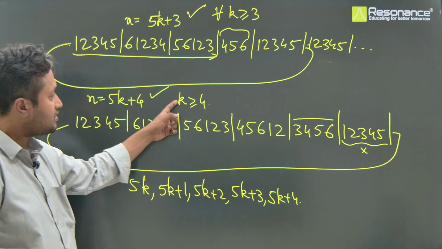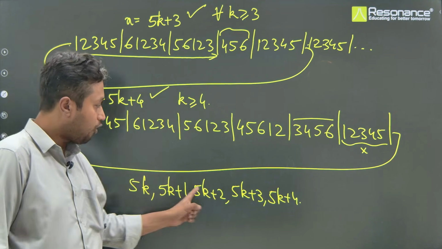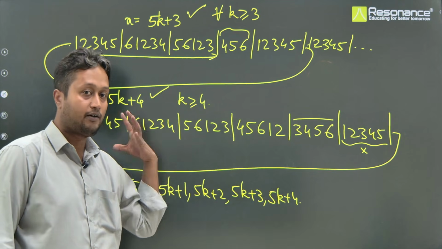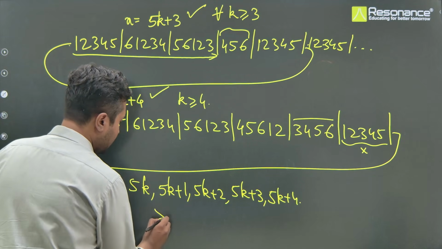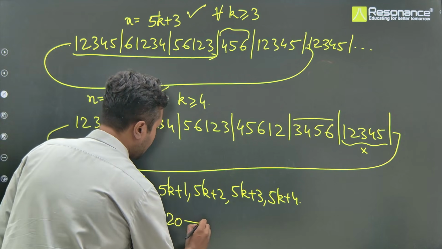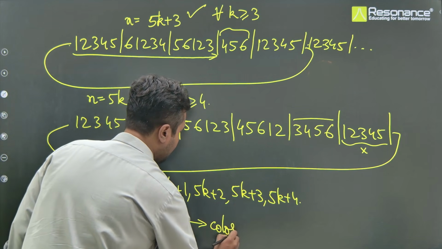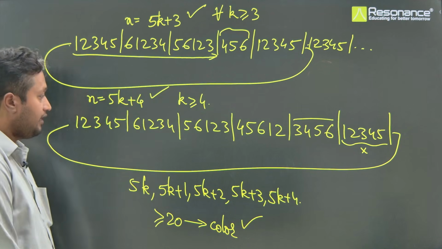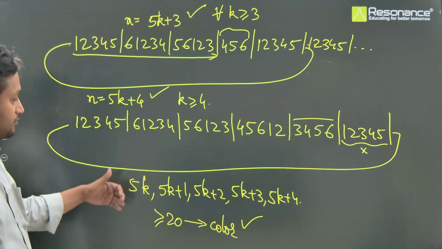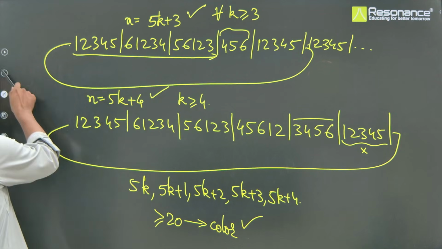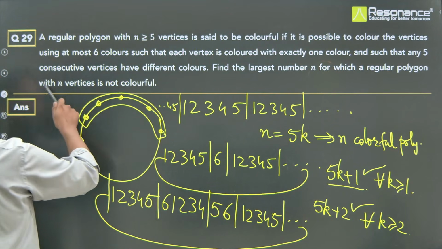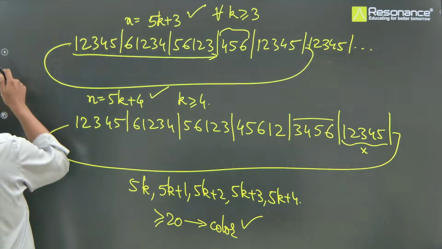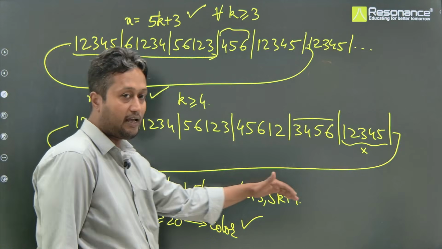Now, if k is greater than or equal to 4, then all these numbers you can color them properly, which means from 20, if the number of sides is greater than 20, it's possible to color it, right? The only problem is below 20. So what are they asking for? They are asking for the largest number n for which a regular polygon cannot be colored. So 20 onwards, everything can be colored.